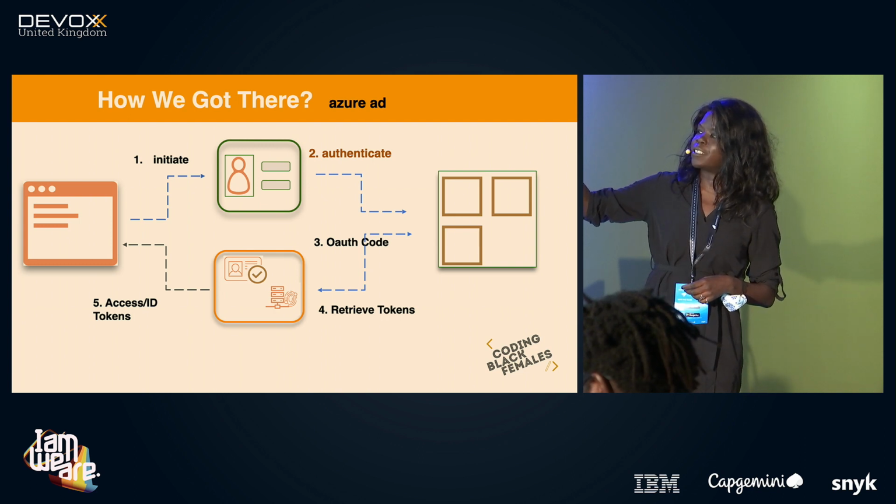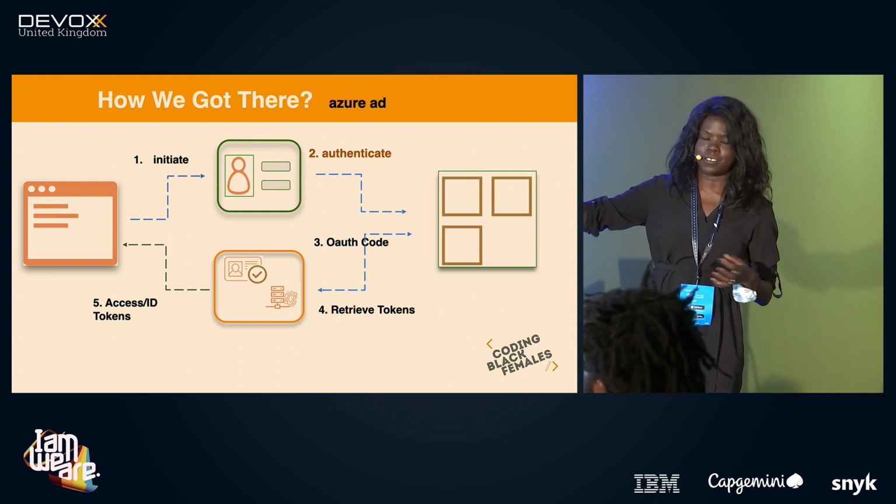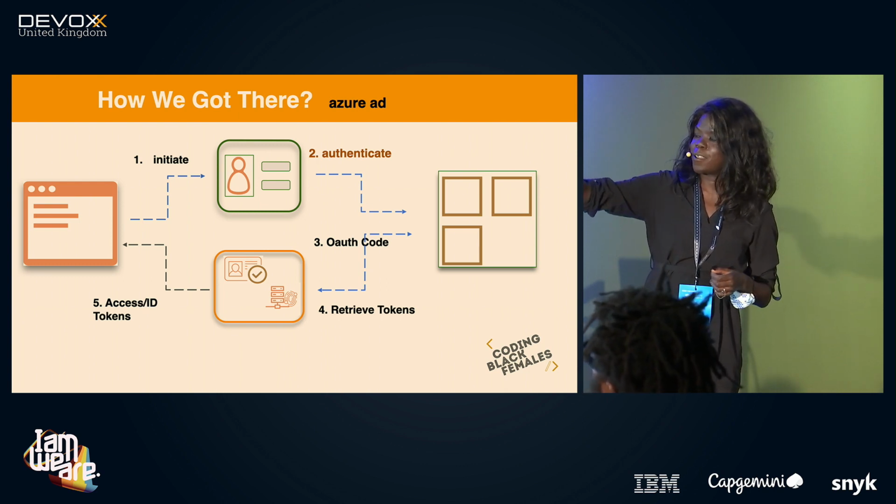Azure AD would send an auth code back to AWS Cognito. AWS Cognito would be responsible for retrieving the tokens, and then it would send the access tokens or ID tokens, the JSON Web Tokens, back to the web application.